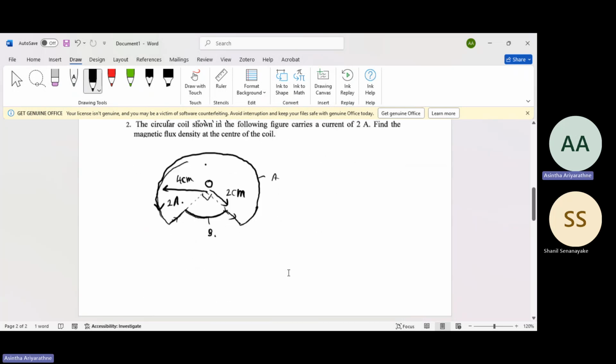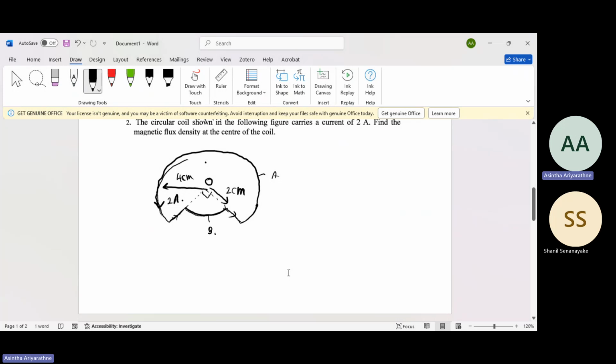Using the right hand screw rule, you can find the direction. When your four fingers point along the current carrying conductor, the magnetic field is pointed by the thumb. Here the total magnetic field is actually coming out.